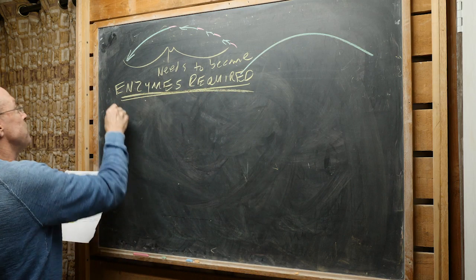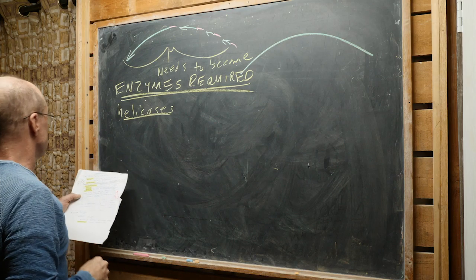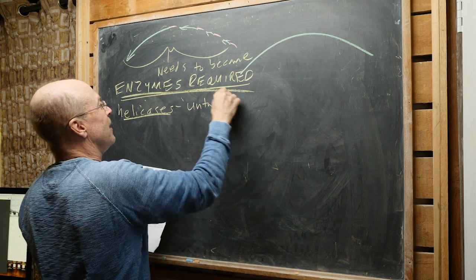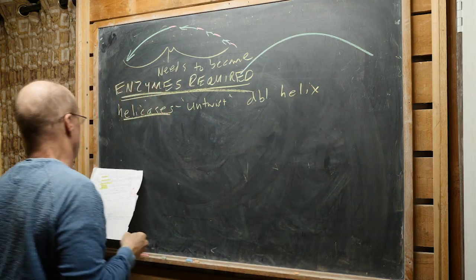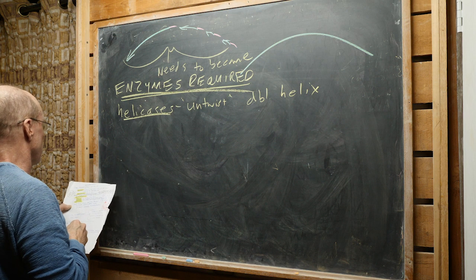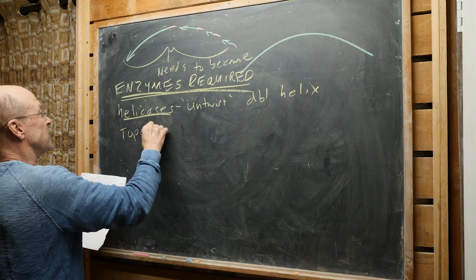And here they are. Helicases. Helicases will untwist the double helix. We're going to need something called topoisomerase.